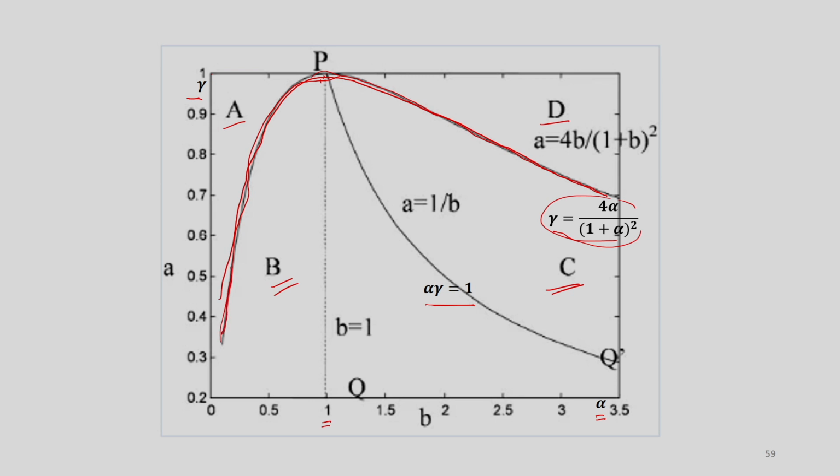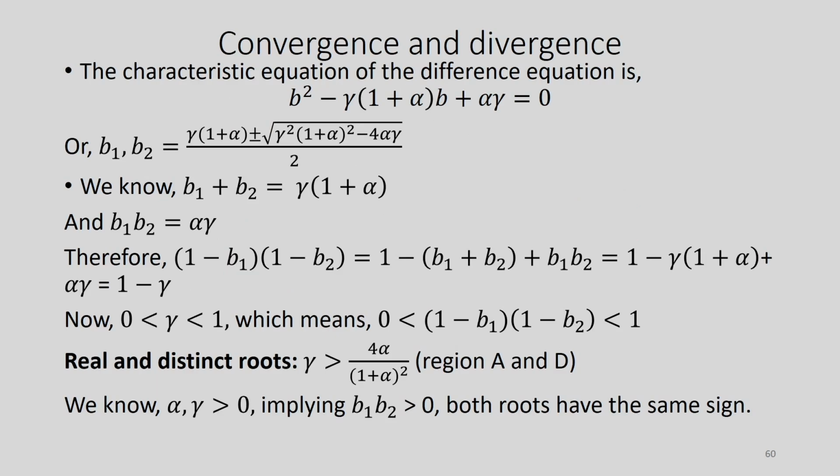Now, the question is: when do we have convergence, when do we have divergence, and what is the nature of convergence if there is convergence? These are the important questions we are going to deal with.